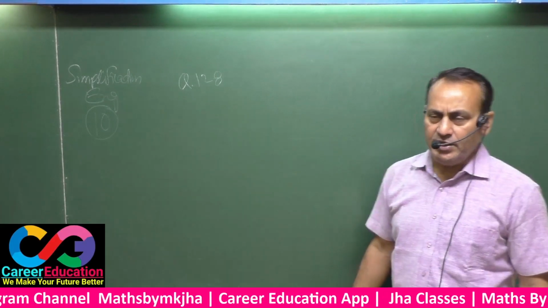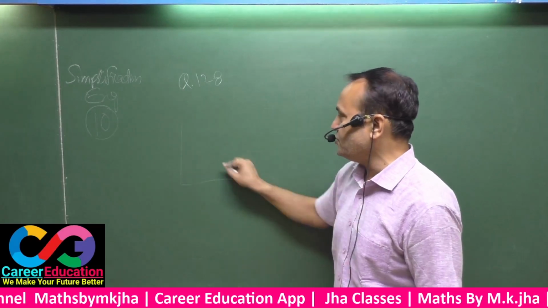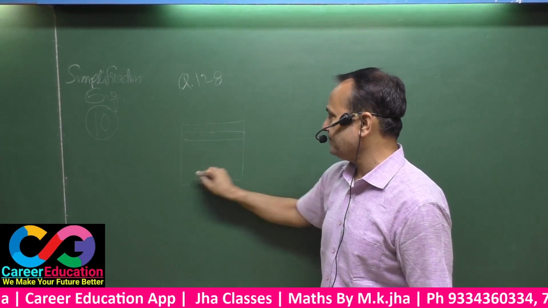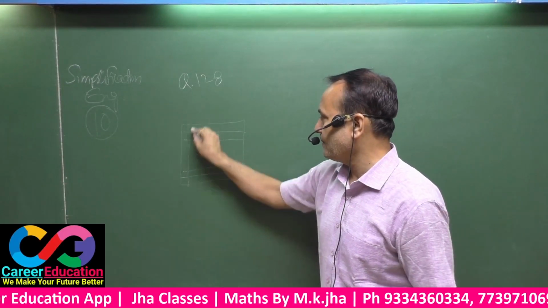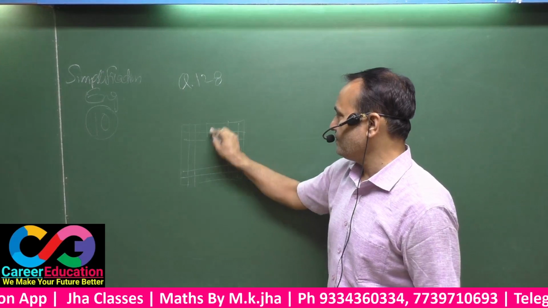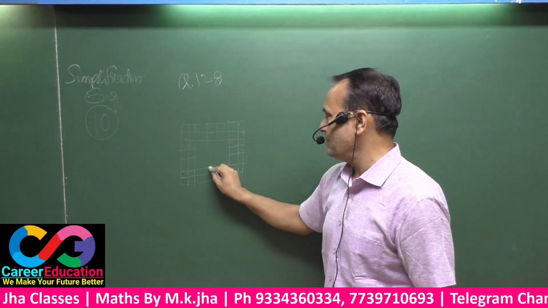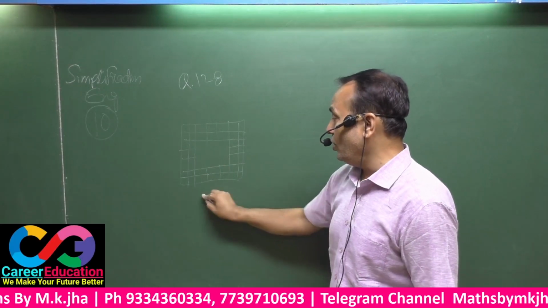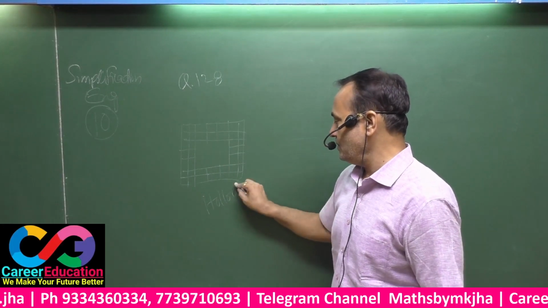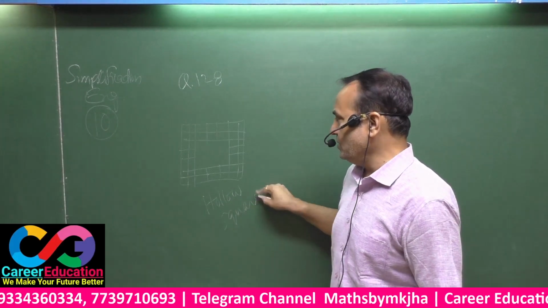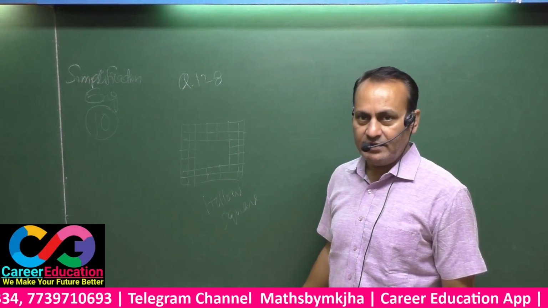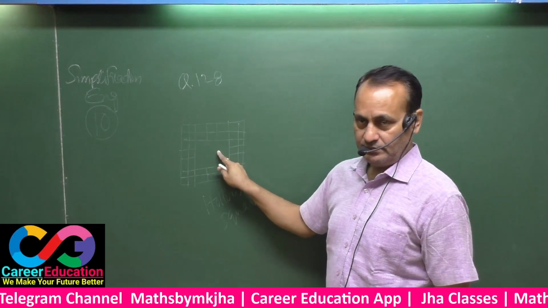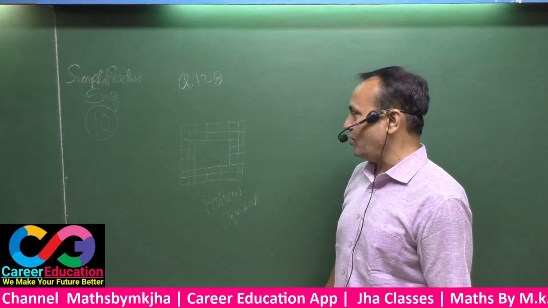Firstly, you should grasp the sense of a hollow square and a solid square. See here, this is called a hollow square. As the shape is a square and there is some space left out, this shape is called a hollow square.